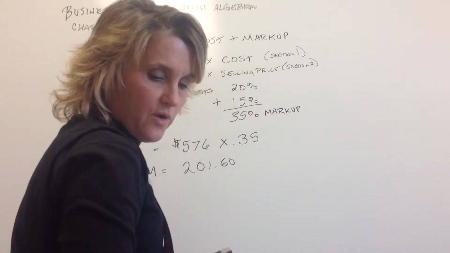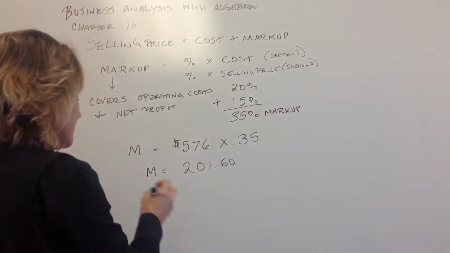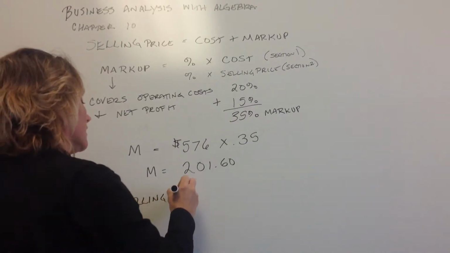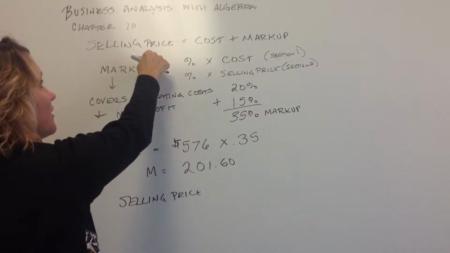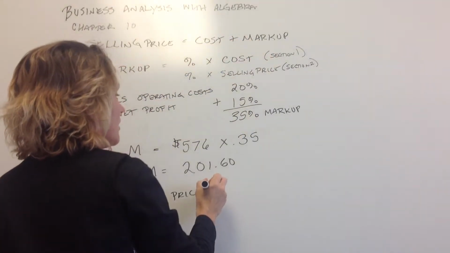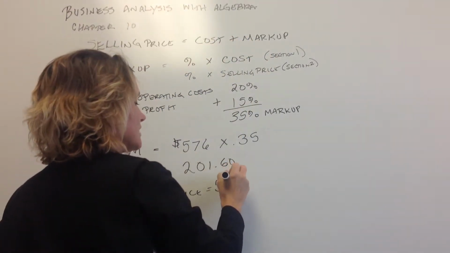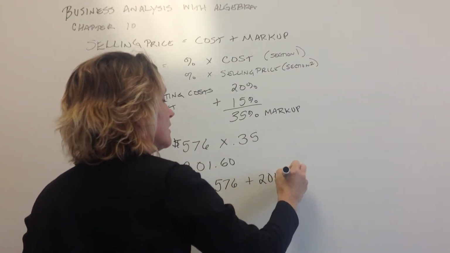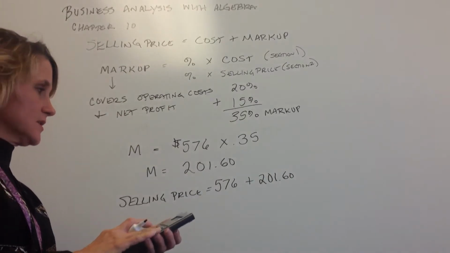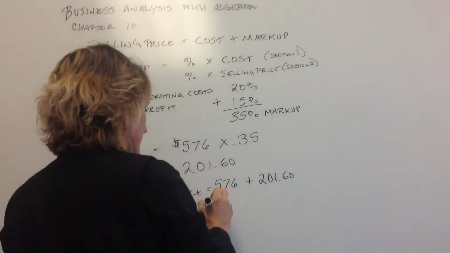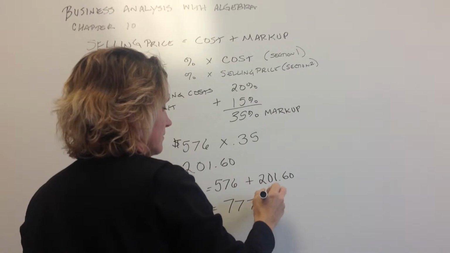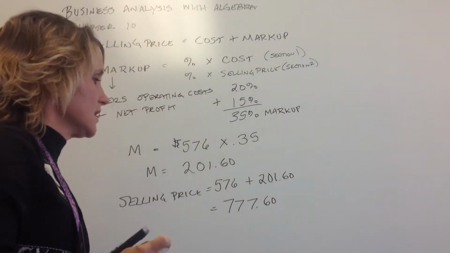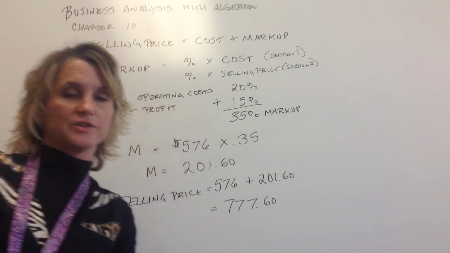And then it also asks for what is our selling price. So again, we can go back to our top formula here. Our selling price is our cost plus our markup. We know that our cost is $576, and we just calculated our markup to be $201.60. So our total price for this package of phones is going to be $777.60.